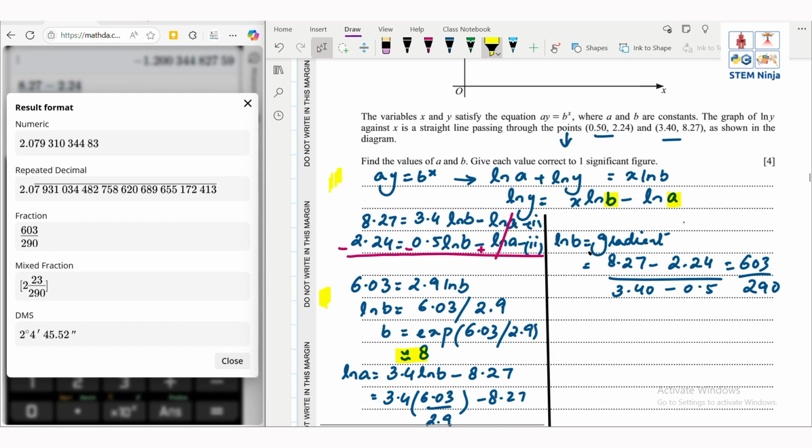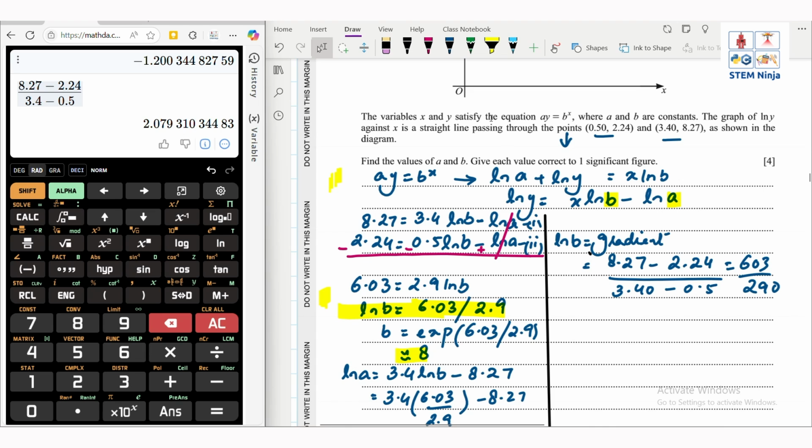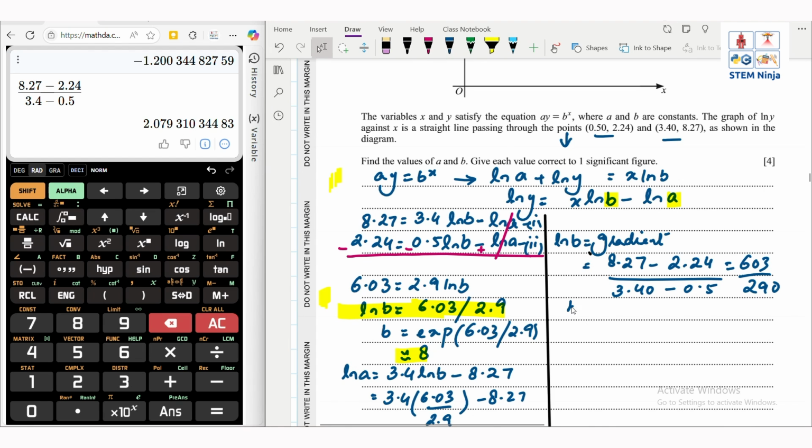And as you can see, this is basically this equation over here. So that means B would be e raised to the power 603 over 290. This is exactly what this is.